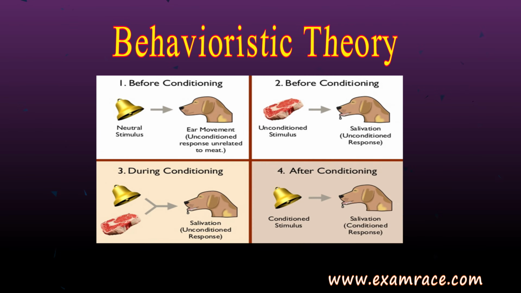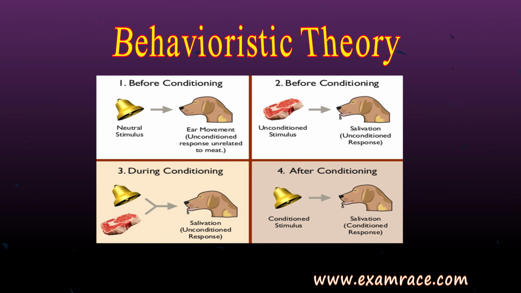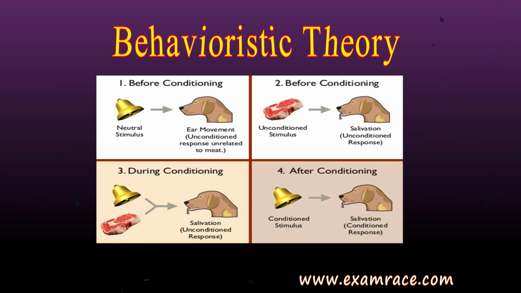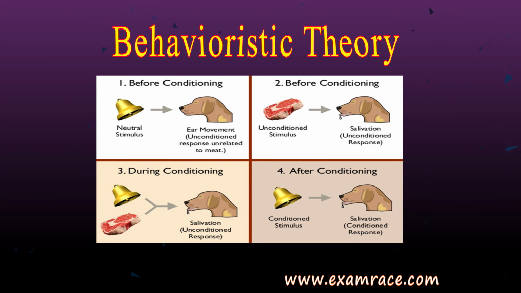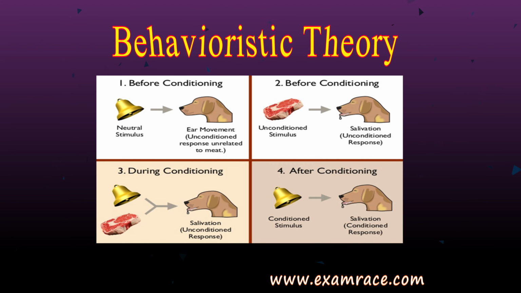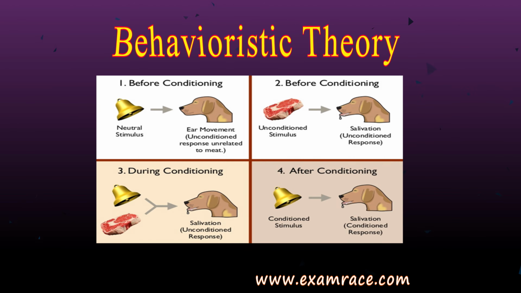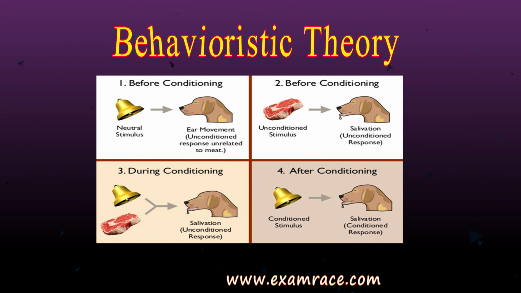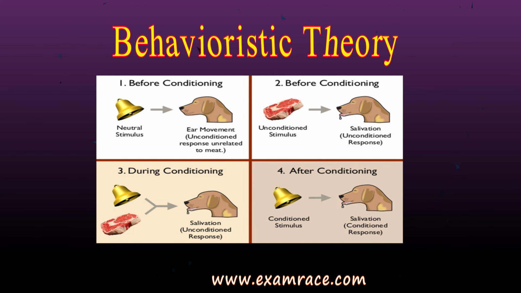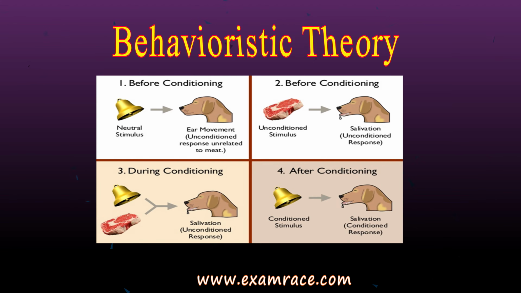Let us see the experiment done by Pavlov. It goes like this. First, the dog was kept in the conditioning chamber for some time. When the dog had settled in the chamber, a bell was rung when the meat powder was presented. This procedure was repeated many times.